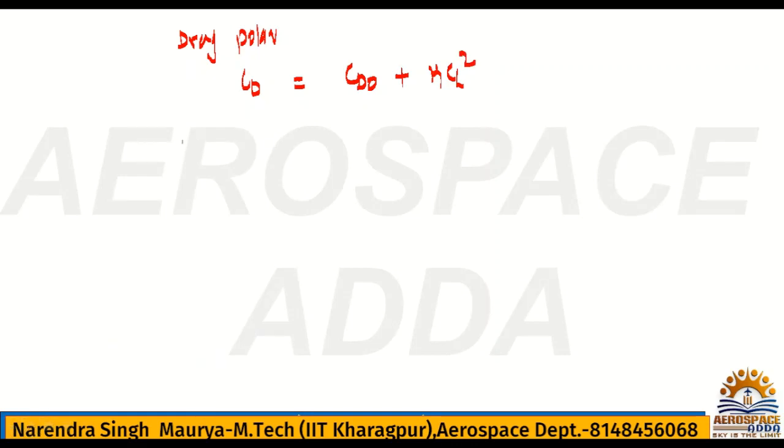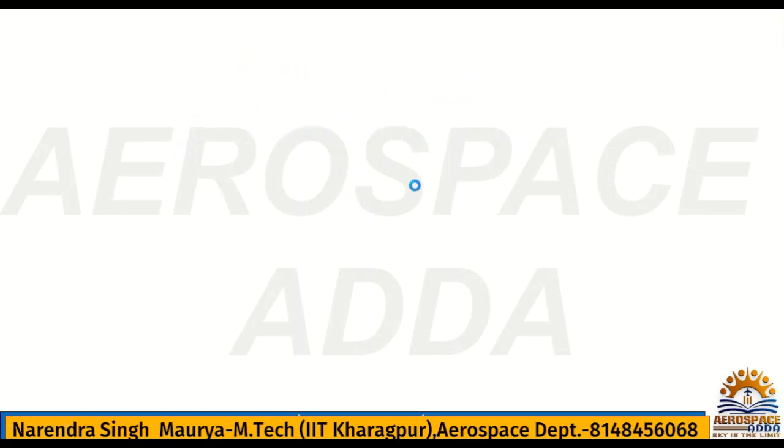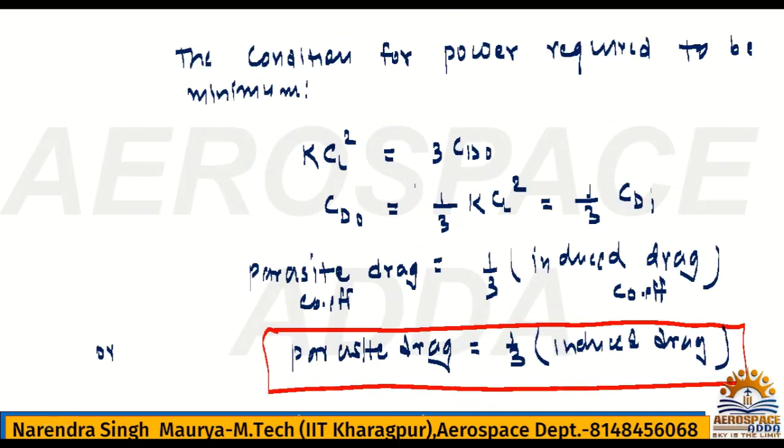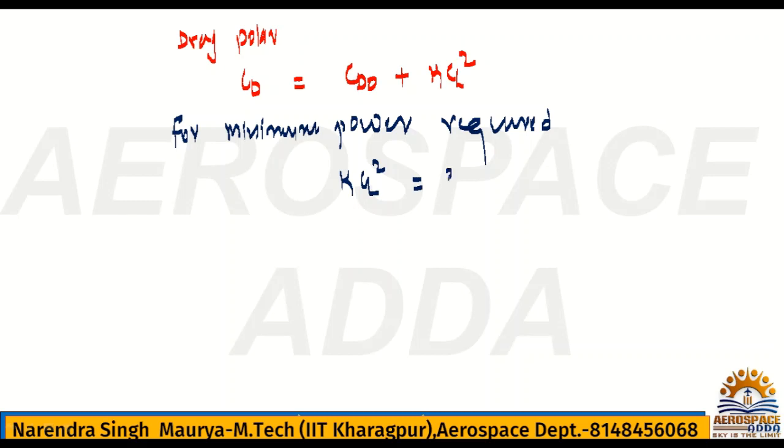So for minimum power required, what you got? KCL square is equal to 3 CD naught. This is the one condition as I told you. You can replace this value. It is nothing but 3 CD naught. Yes or no?